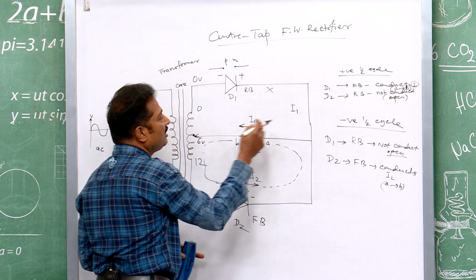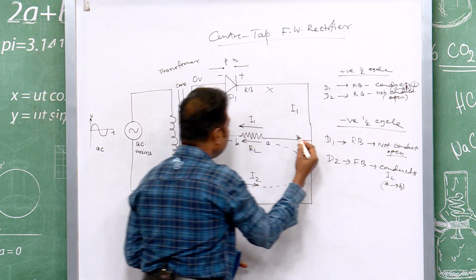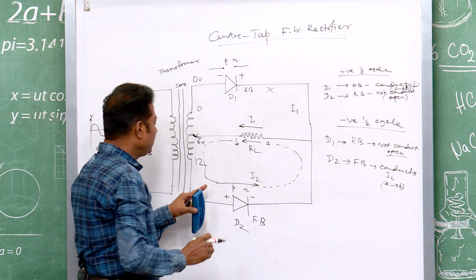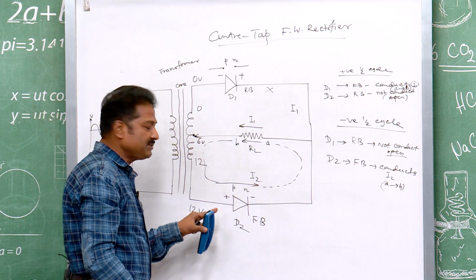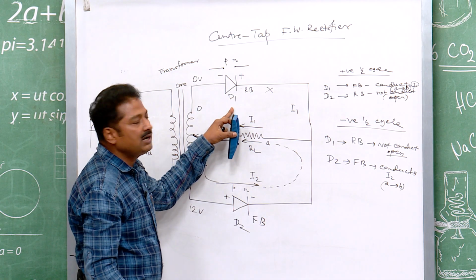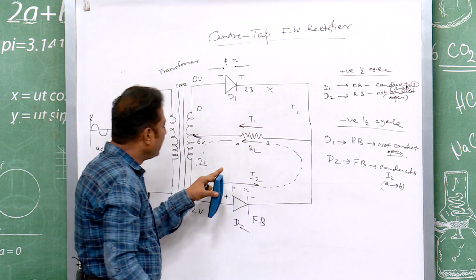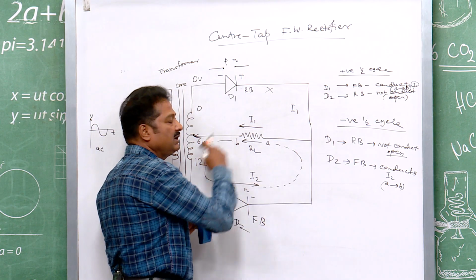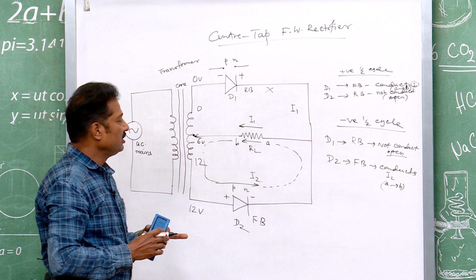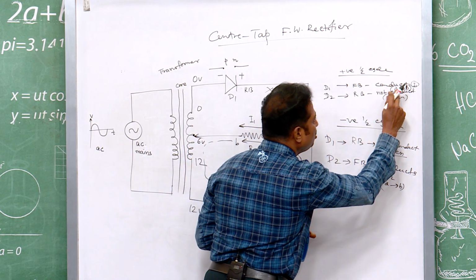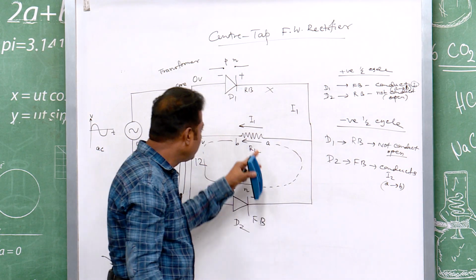So, D1 will conduct, the current is I1. It is from A to B through R L. In the other half cycle, the negative half cycle, D2 is conducting and D1 is reverse biased. So, again it is from A to B. This is the path of the current, the closed path, that has been written here. So, we get two currents through the load.